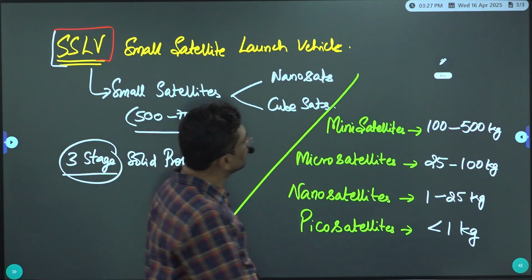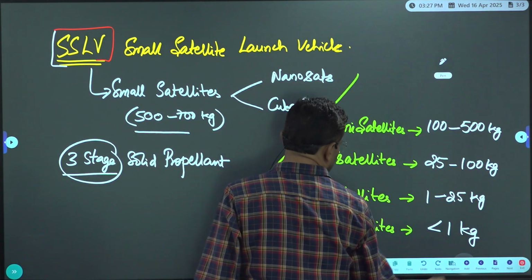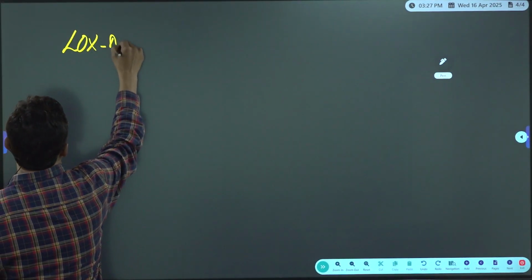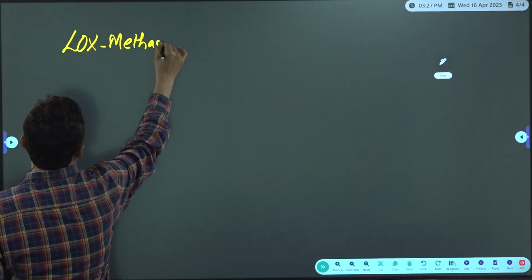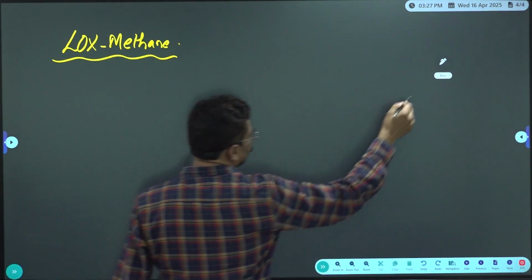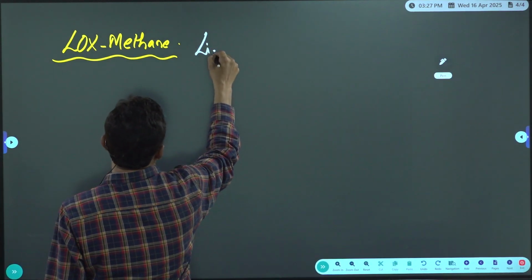And next one is LOX methane. LOX methane means liquid oxygen methane engine.